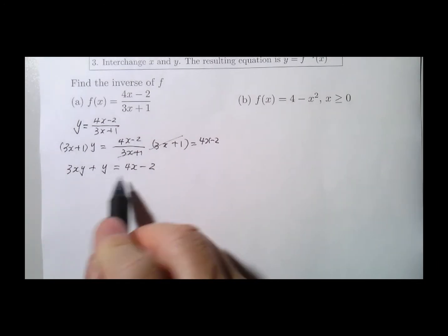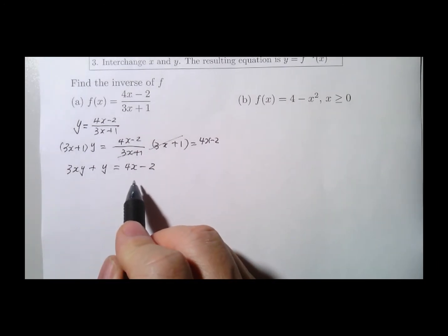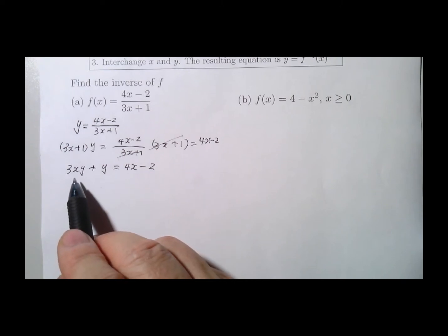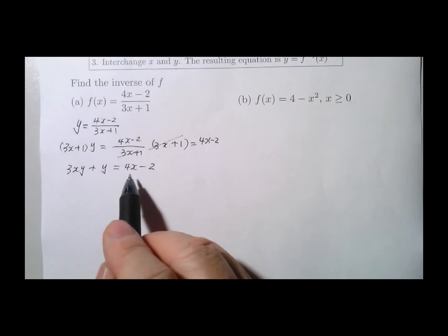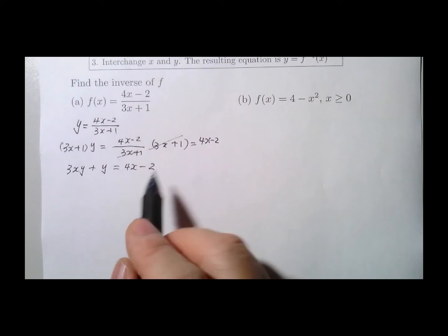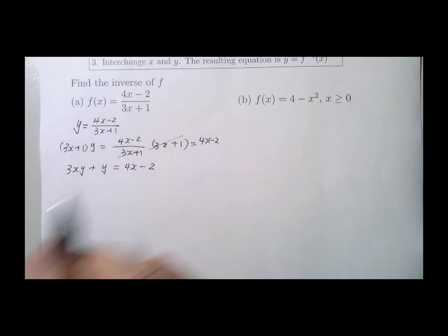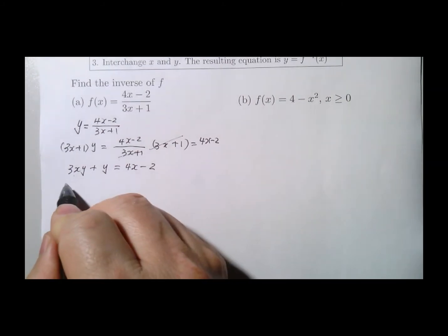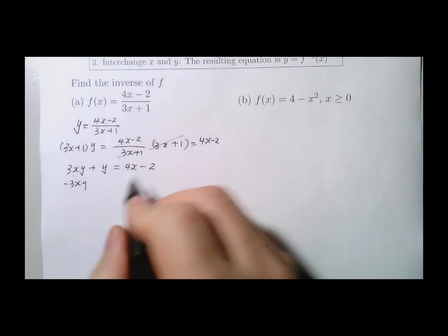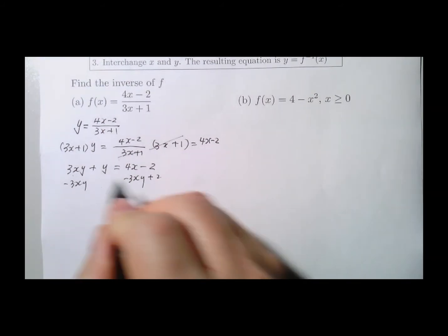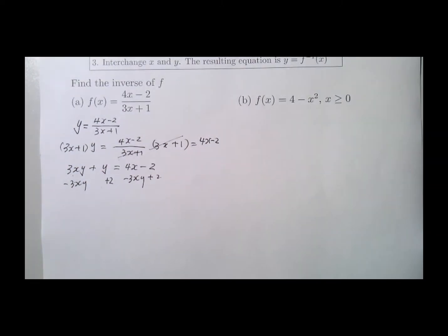To solve for x, you need to put all the terms involving x together. So let's subtract 3xy from both sides and add 2 to both sides.